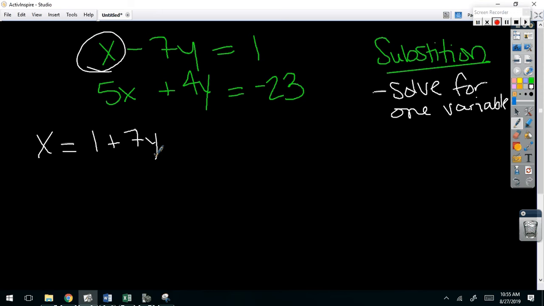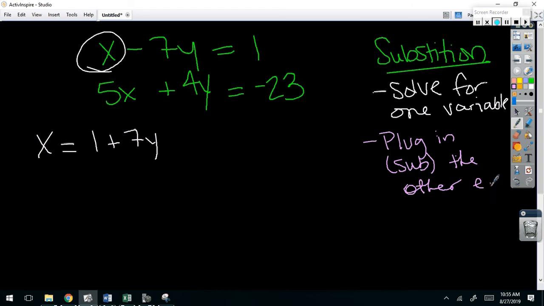Once you solve for that one variable, what do you do? Plug it in. Here's where we get the substitution part. Plug in or substitute in the other equation. Make sure you use the other equation.